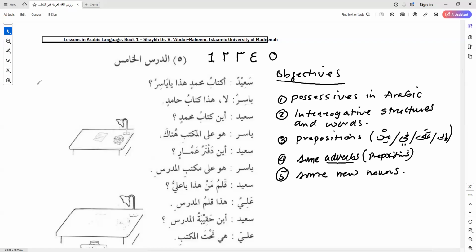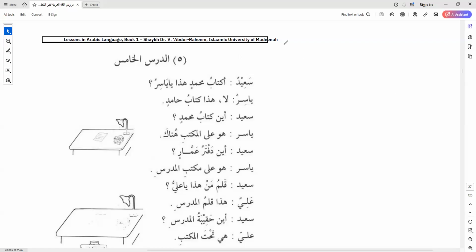And this Dars al-Khamis is starting with a conversation between Saeed and Yasser. They are having a dialogue. So Saeed is asking, أكتاب محمد هذا؟ Remember that it's an interrogative structure.